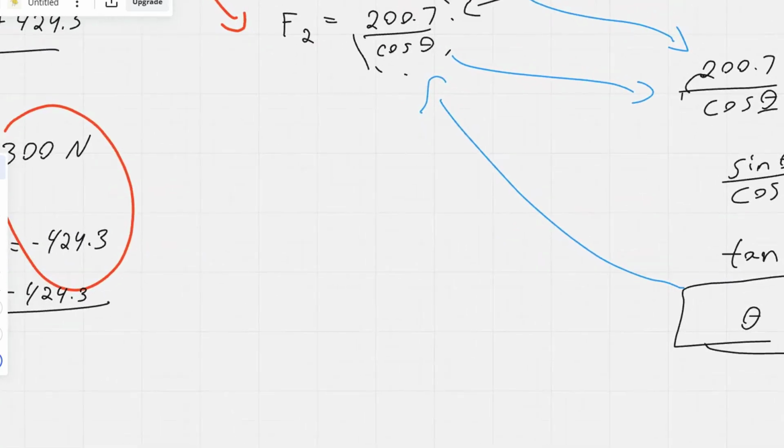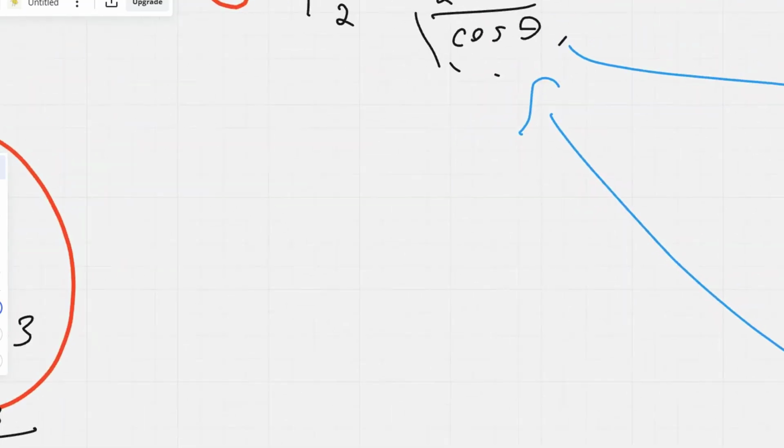So when we do that, we get our F2. F2 equals 200.7 over cosine of 31.77 degrees.